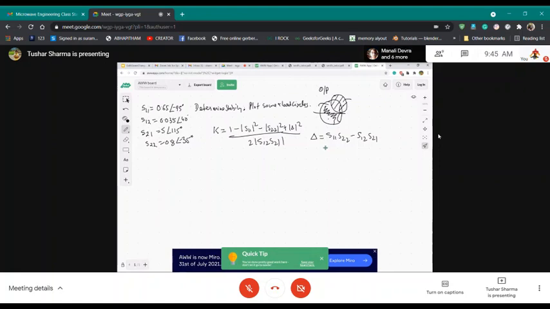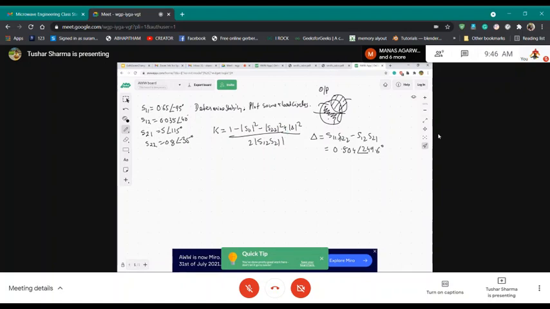This minus this is equal to 0.504 angle 249.6 degrees. So S11 S22 we basically multiply, 0.65 into this, and since I'm multiplying, I can just directly add the angles. S12 S21 we also multiply the same way, and since they are multiplied I can add the angles.